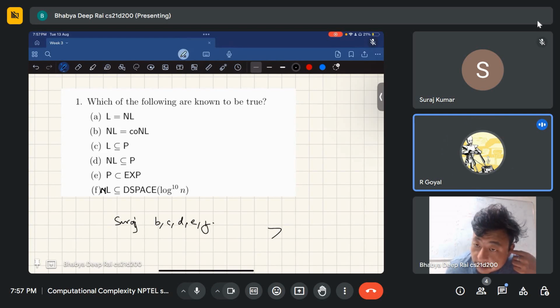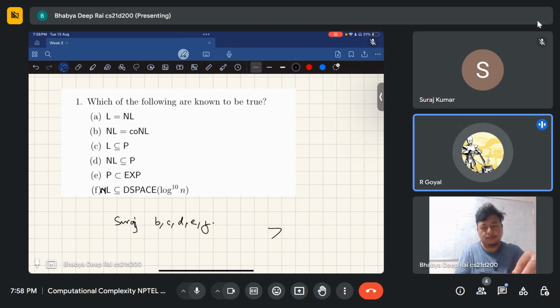But even if it is NL, because if something can be done in the space of order f(n), then that thing can be done in the time of order 2 raised to the power f(n). So NL is a subset of P, I'm not sure, but P is certainly a subset of EXP. And NL is a subset of DSPACE(log squared n).